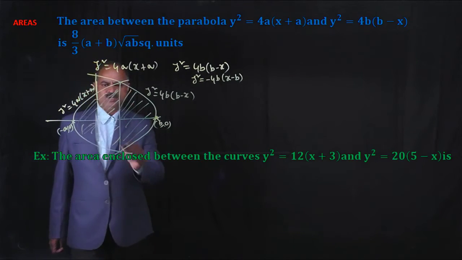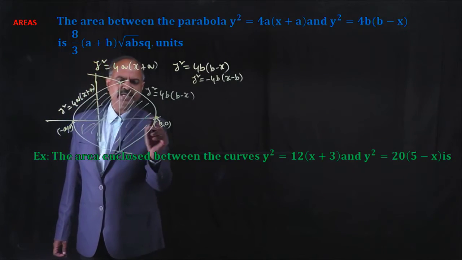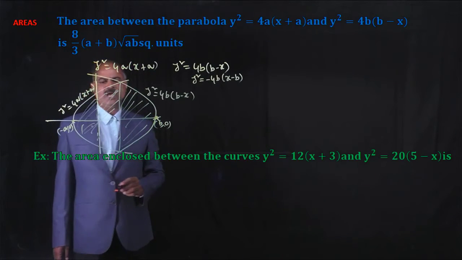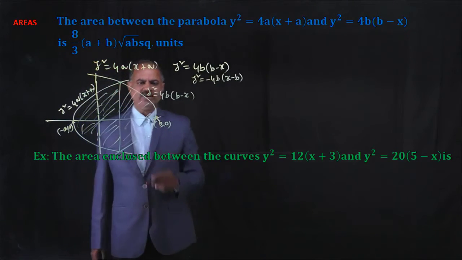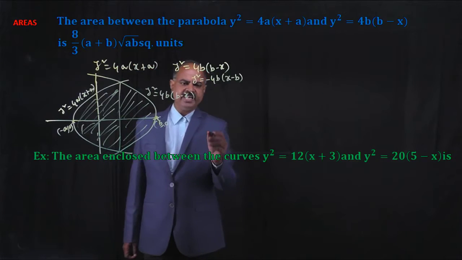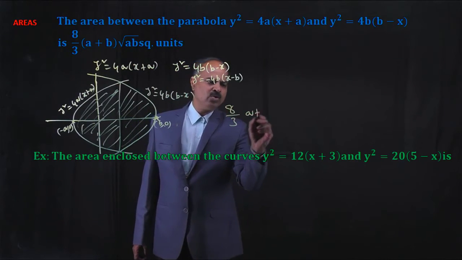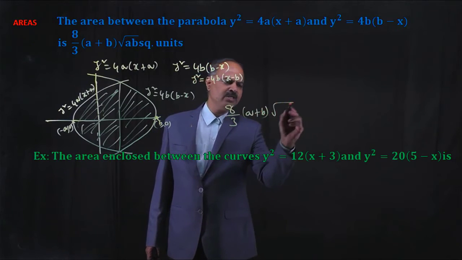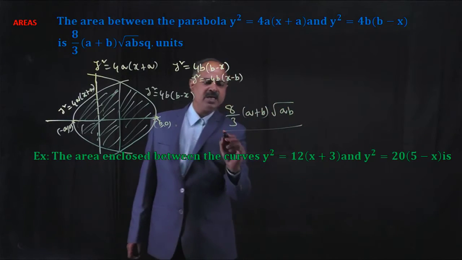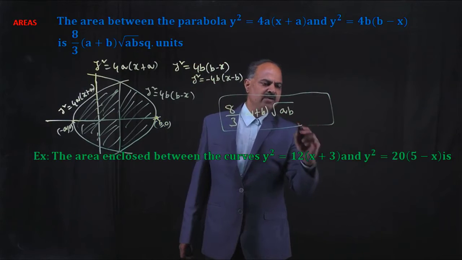So first find the area above the x-axis and multiply by 2, and we get the required area. So the required area is 8 by 3 into (a + b) into root ab square units.